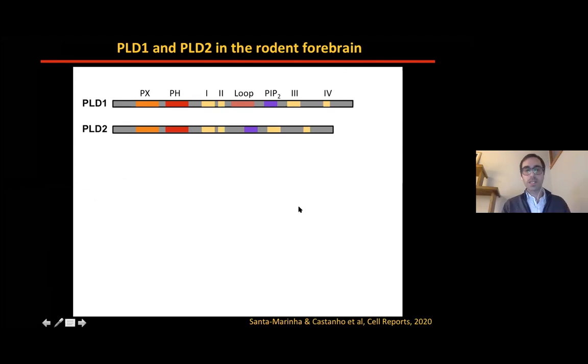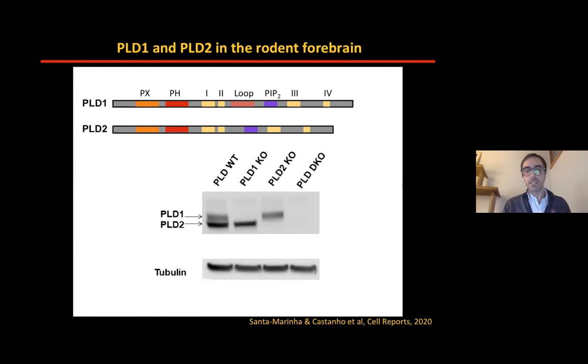So to study both these enzymes in the brain, the first thing that we did was to use PLD knockout animal models. We used PLD1 knockout animals, and as you can see here, these are extracts from forebrain of these animals, and we can see that they only show PLD2.